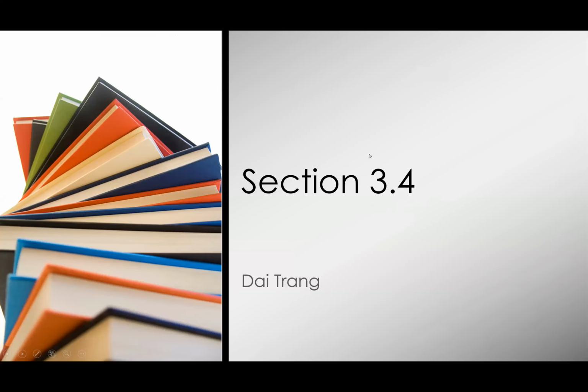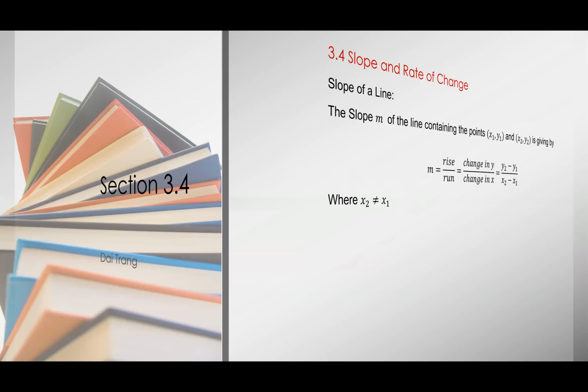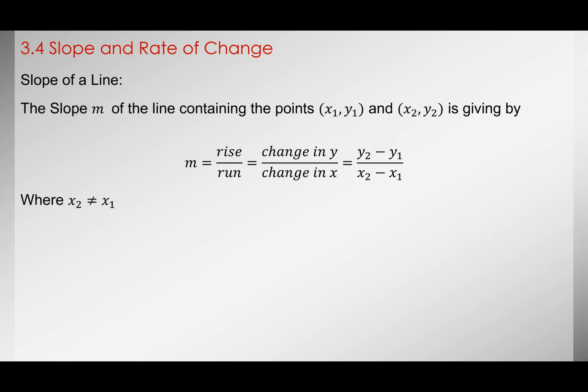Again, today we'll begin with 3.4, and 3.4 is slope and the rate of change. So the slope of the line is basically the change in y over the change in x.